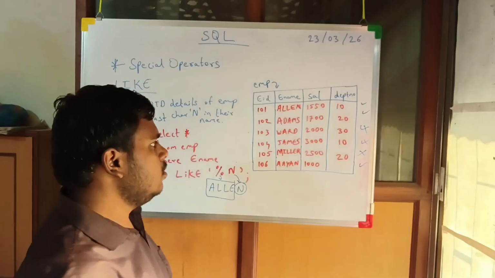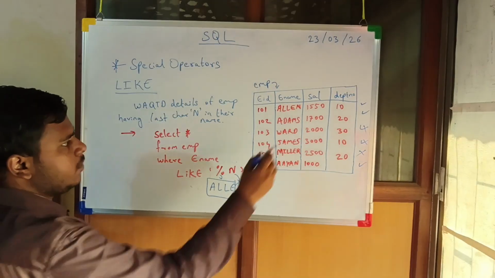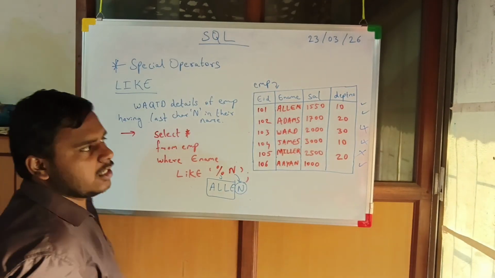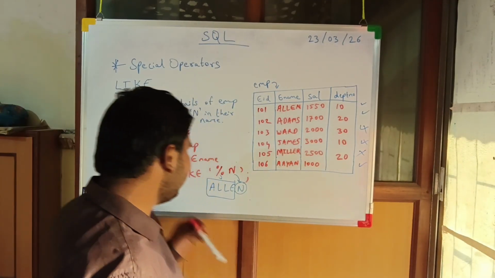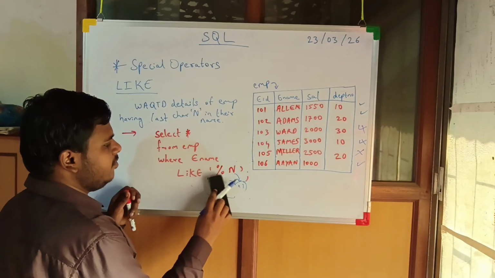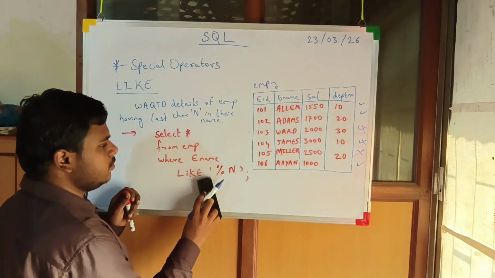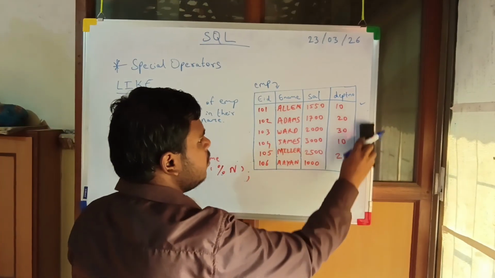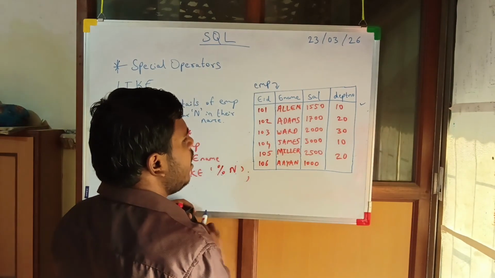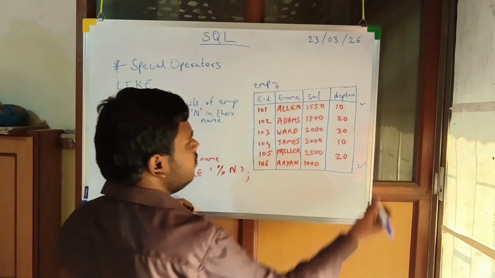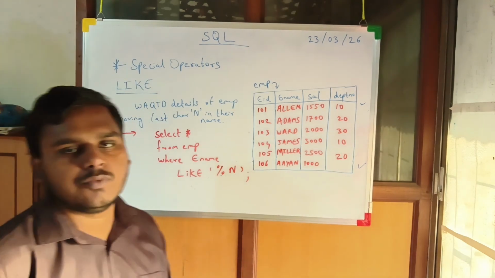This is how it will work. For Adams, the last character S and N, intercaste marriage not allowed. This is how it will work. So Alan will come and Ian. These 2 records will come in the final output.